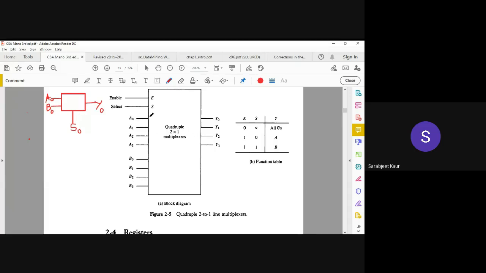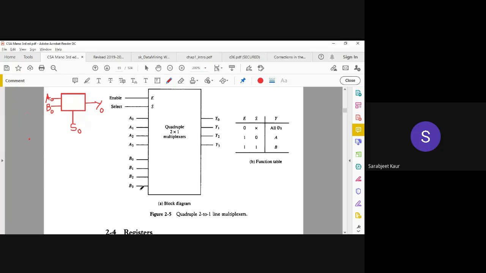All the first inputs are coming from the four multiplexers each. This is the first input of the first mux, first input of the second mux, first input of the third mux, first input of the fourth mux, second input of the first mux, second input of the second mux, and so on.